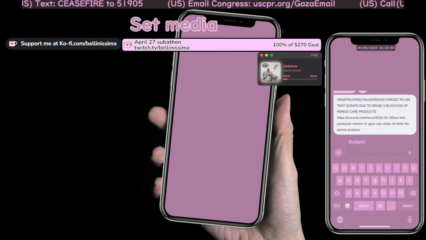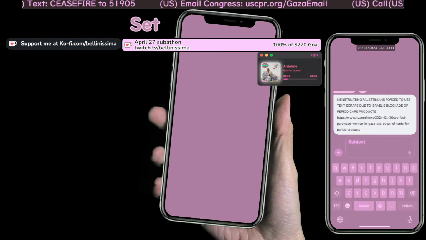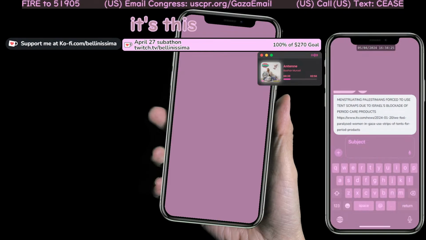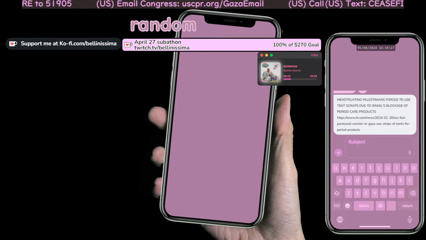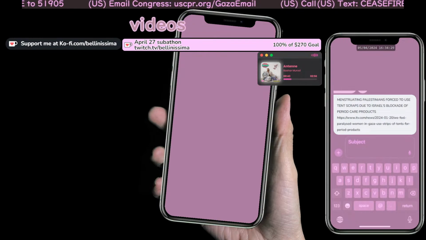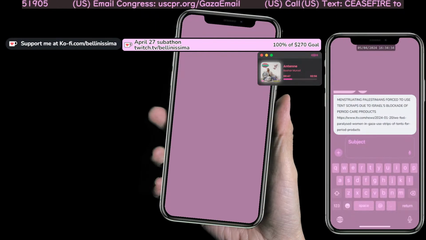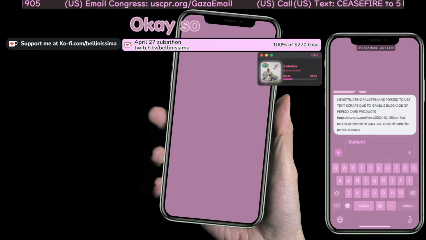Set media state? Okay, so maybe it's this. And then if I choose random, it'll choose one of the videos randomly. Okay, so we'll do that as a placeholder for now.